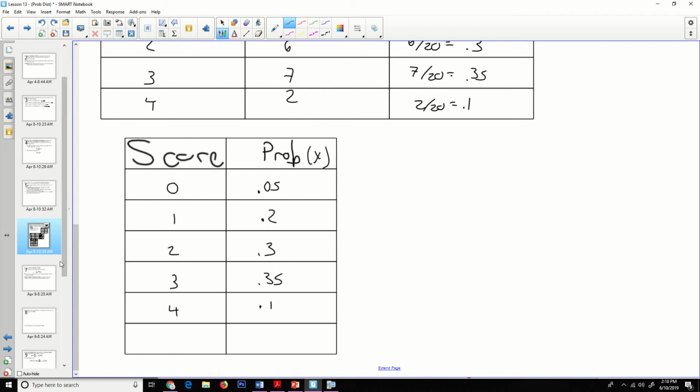And then just to be on the safe side, just to make sure that we're all right here, the sum of P of X: 0.05 plus 0.2 is 0.25, plus 0.3 would be 0.55, plus 0.35 would be 0.9, plus 0.1 is 1. So this is our discrete probability distribution.